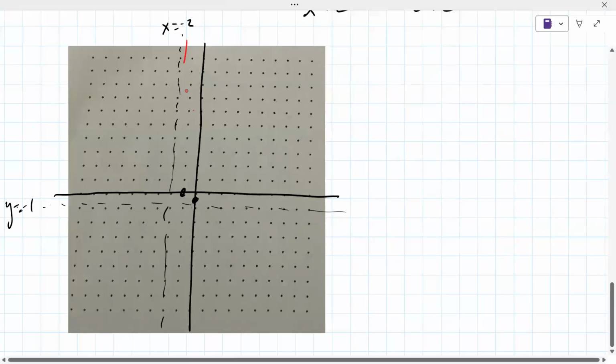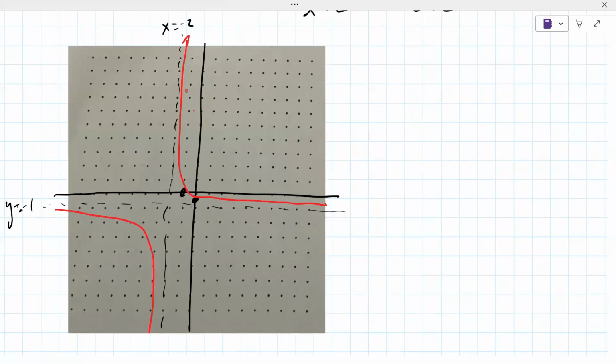Now let me just write this down. Now you can connect. Okay, got it down.